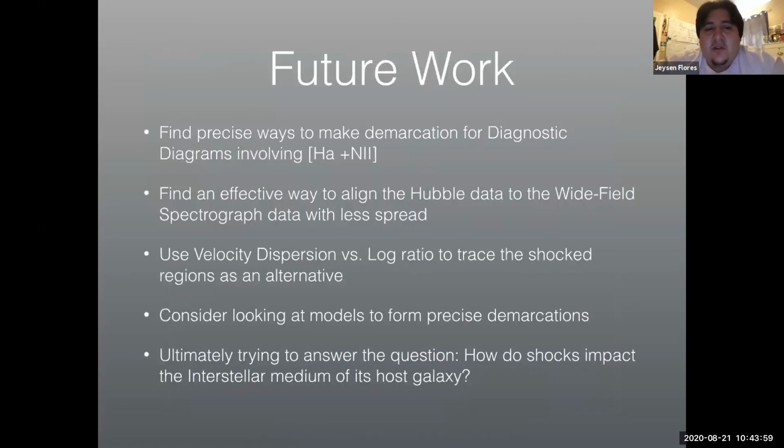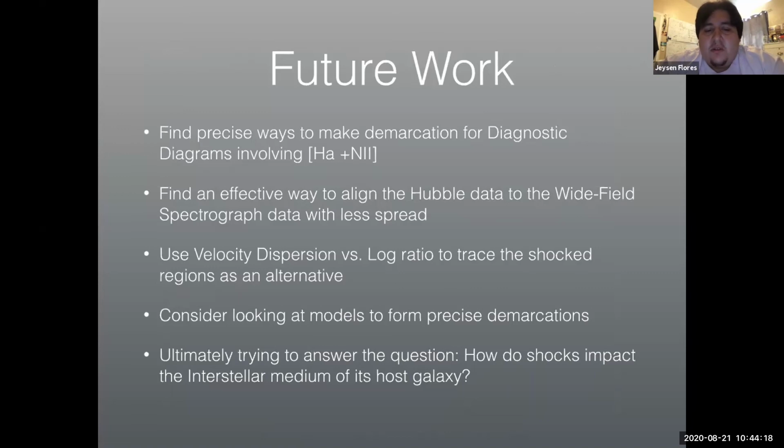For future work, we want to find precise ways to make demarcations for these new diagnostic diagrams involving H alpha and nitrogen 2. We want to find an effective way to align the Hubble data to the wide field spectrograph data that has less spread, of course.